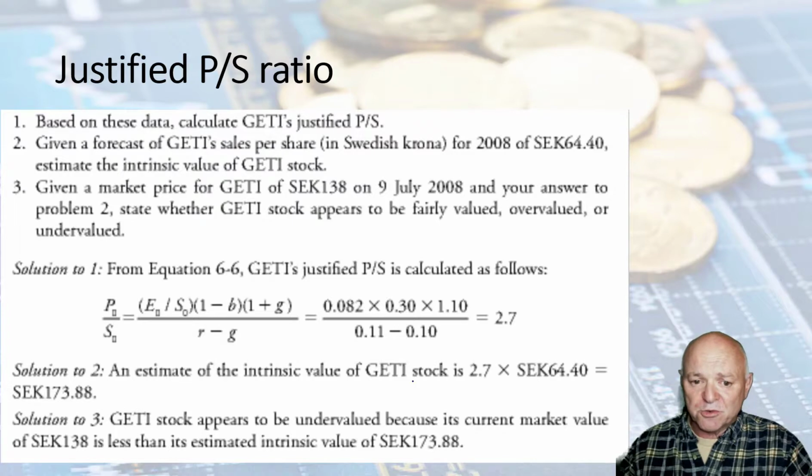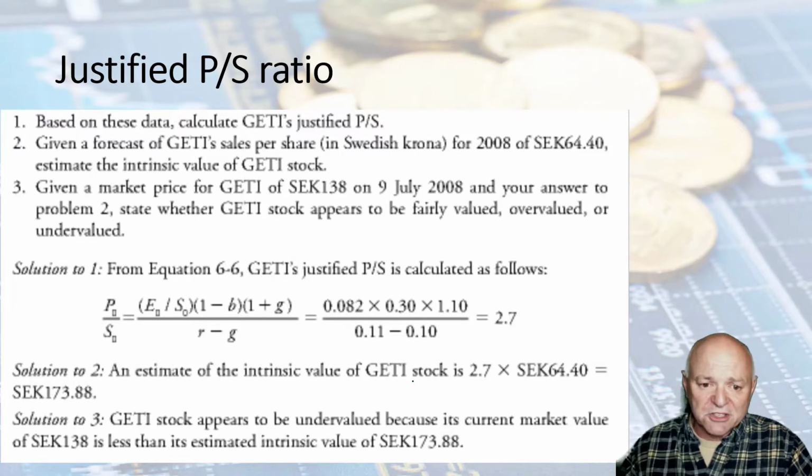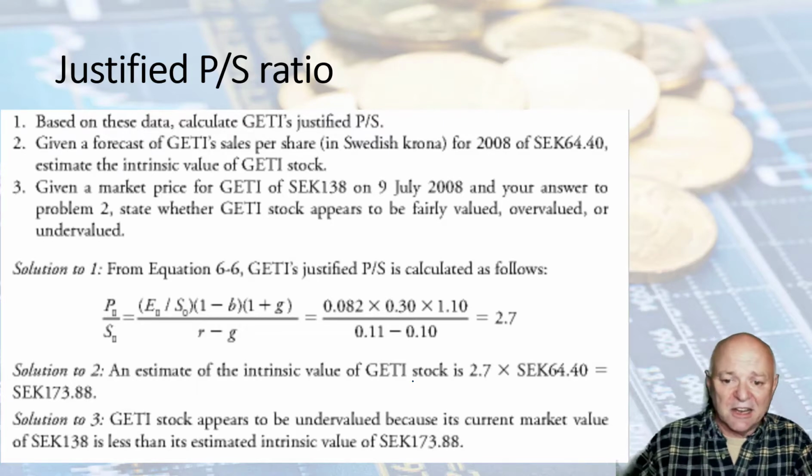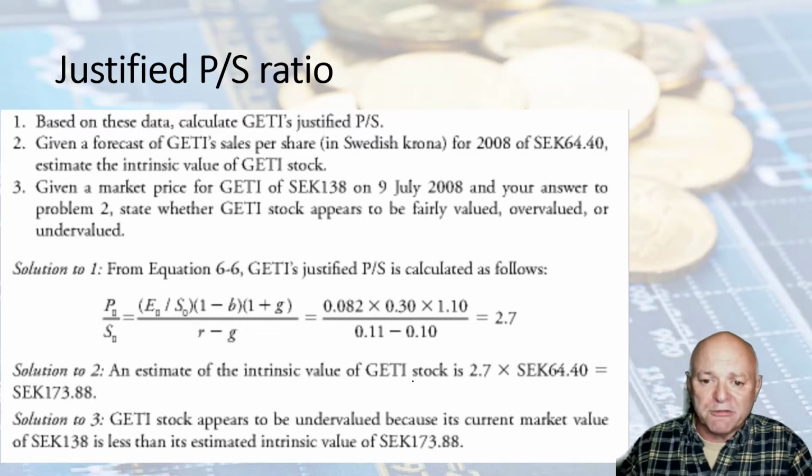Well, the price to sales ratio is essentially the profit margin, the earnings over sales, times the payout ratio, or the plowback ratio in this case, treated as a perpetuity. So for GETI, they had an 8.2% profit margin.